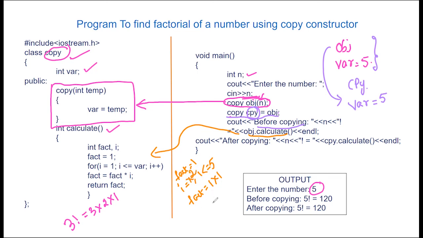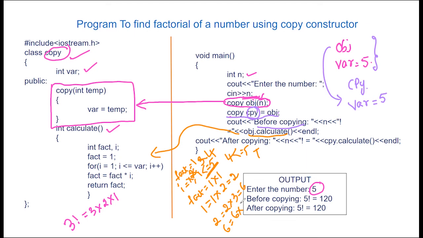Then again I'm going to increase the value to 2. Now fact is equal to 1 into 2, which is of course going to be 2. After that i is going to be 3. Now fact is equal to 2 into 3, which is going to be 6. Now i is going to become 4, and I am simultaneously comparing this. Of course 4 is less than or equal to 5, so it is going to be true.